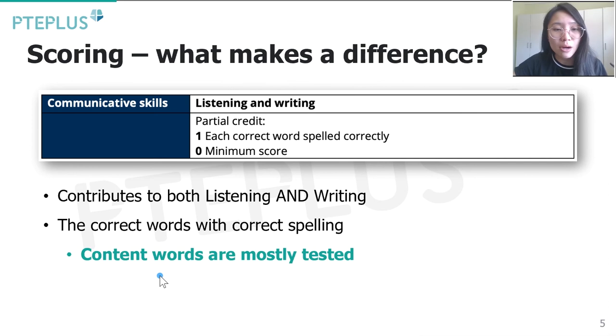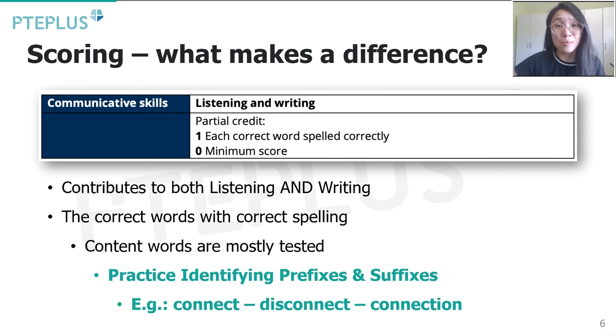Now, what does it mean to be spelled correctly then? Because it seems very straightforward, right? Like just spell the word correctly. But actually, there are all these little things that are going to make a difference to your accuracy. For example, number 1, practice paying attention to the prefixes and suffixes. This includes things like your plurals, or your verbal endings.